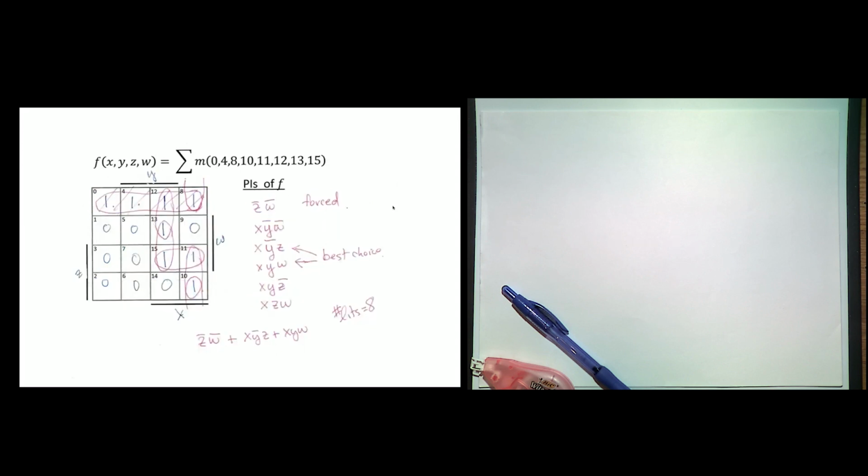Okay, and then we did this one, and this one was a little more complicated. It only had 1 forced PI up here, and then we had a bunch of 2x1s. And after taking the forced ones, we had 4 cells that we still needed to cover.